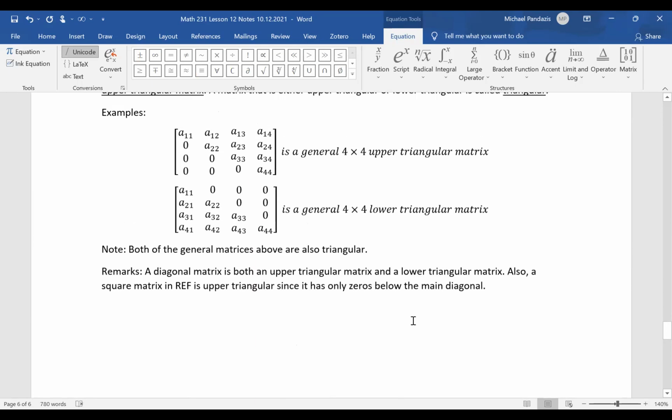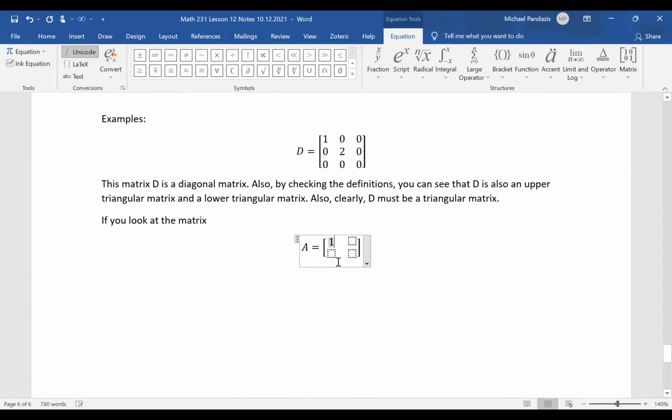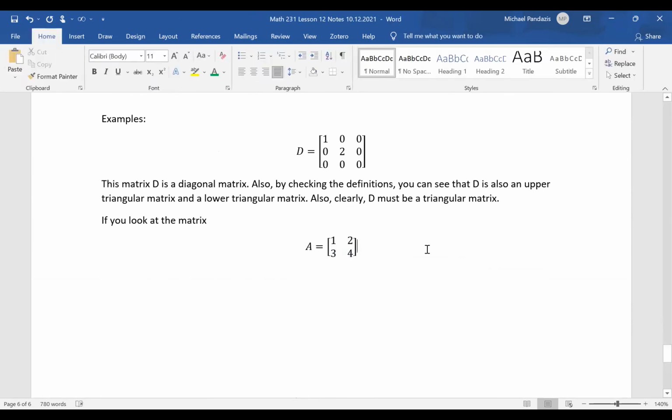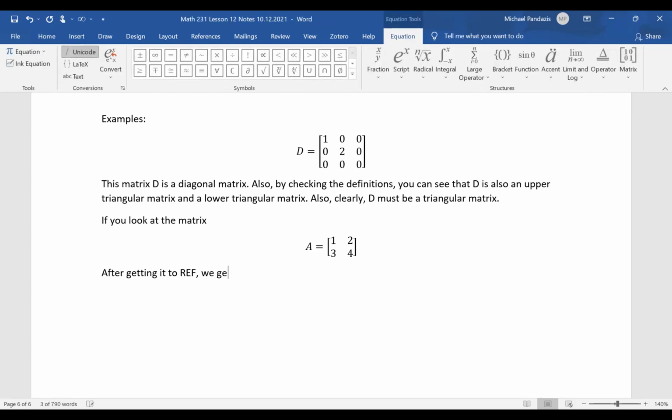So what do I want to say? All right, let's do it. 1, 2, 3, 4. Okay, so if you look at the matrix A here, after getting it to row echelon form, we get the matrix.